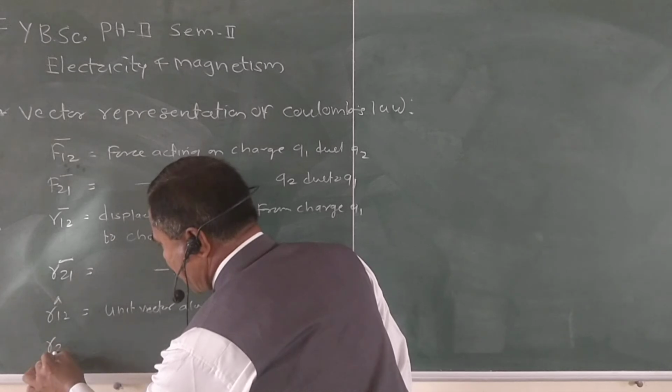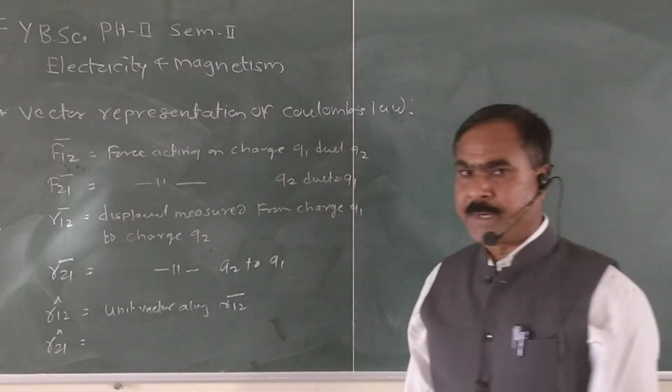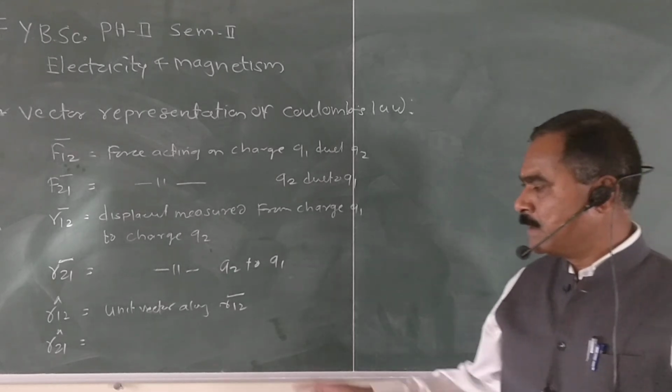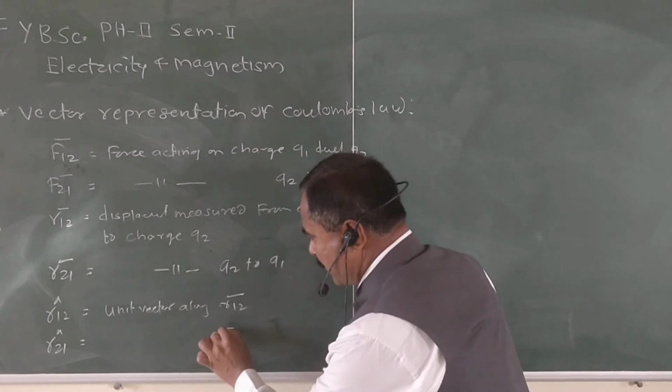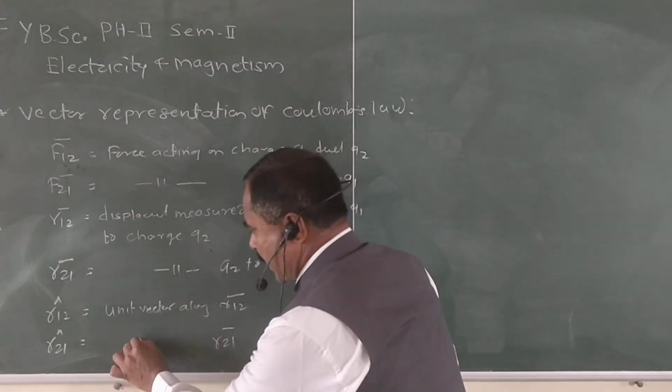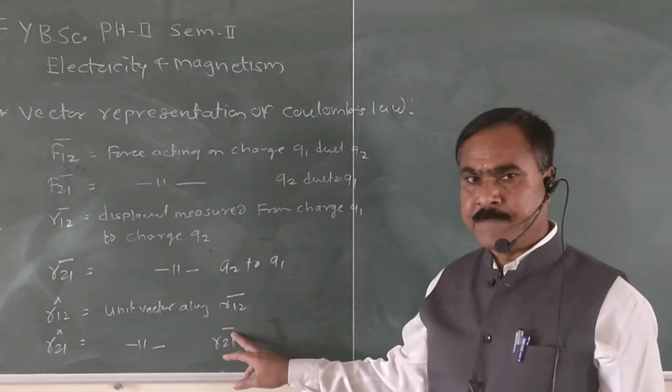Next is R21 cap, and it is the unit vector along the direction of R21 bar. So we change here only R21 bar and the sentence is the same.